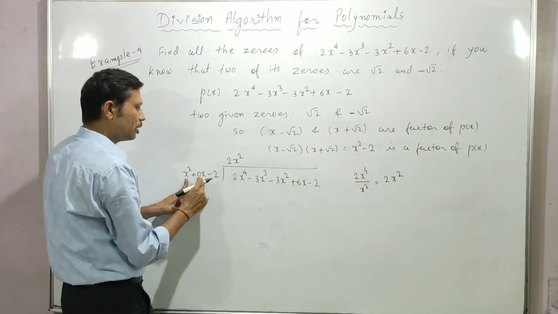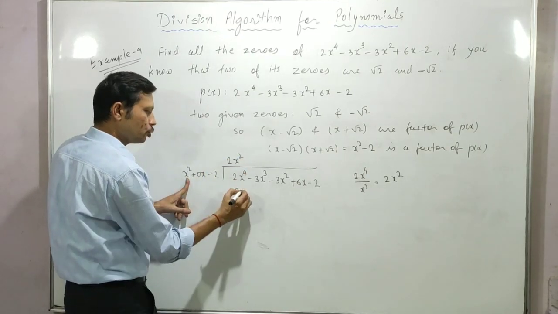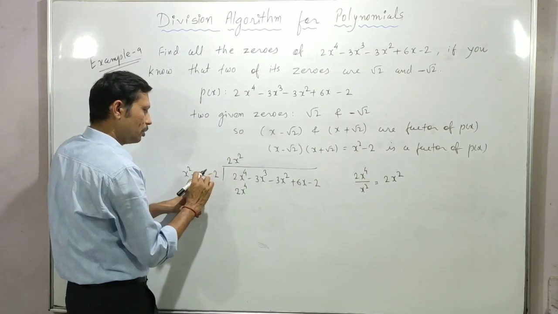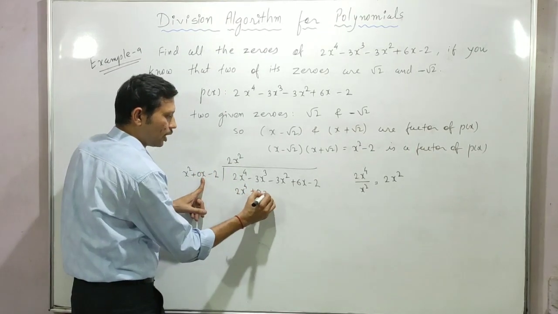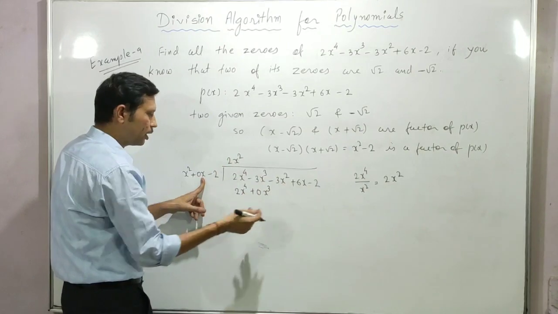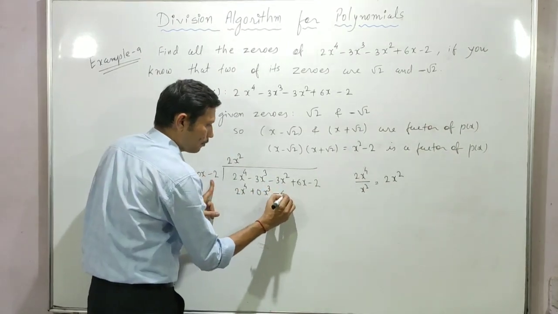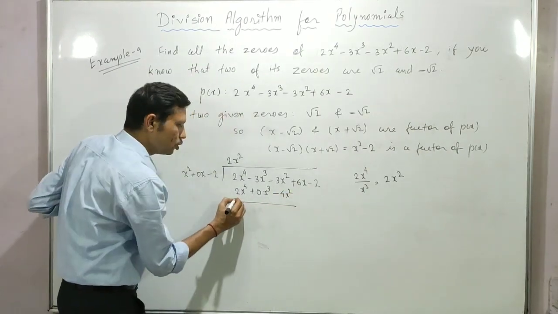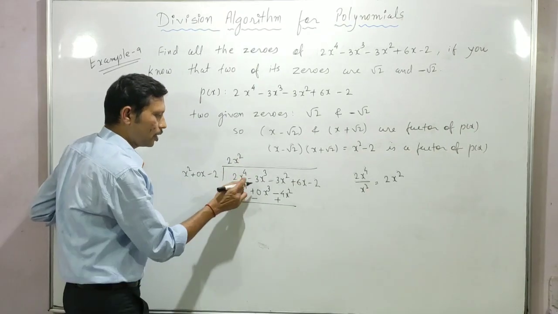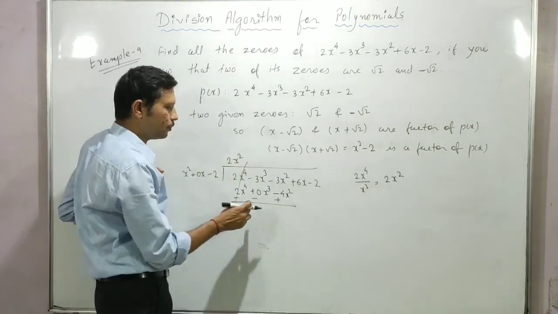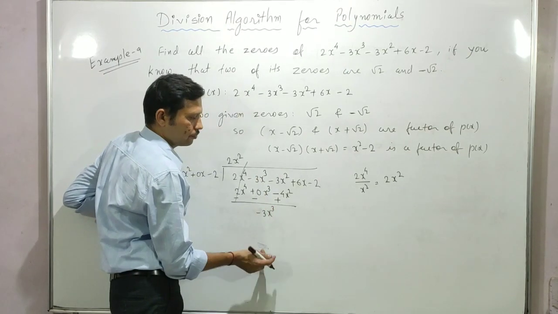Okay, when 2x square multiply with all the terms, so as we calculated earlier, it's a 2x power 4, this one multiply here, so it's a plus 0, x square multiply x cube, this one you can do it directly also, plus minus 2 2s are 4x square, and this one subtracted, so plus becomes minus, plus becomes minus, and minus becomes plus. Plus 2x square minus 2x square, it cancels out, it's a 0x cube, so it's a minus 3x cube.